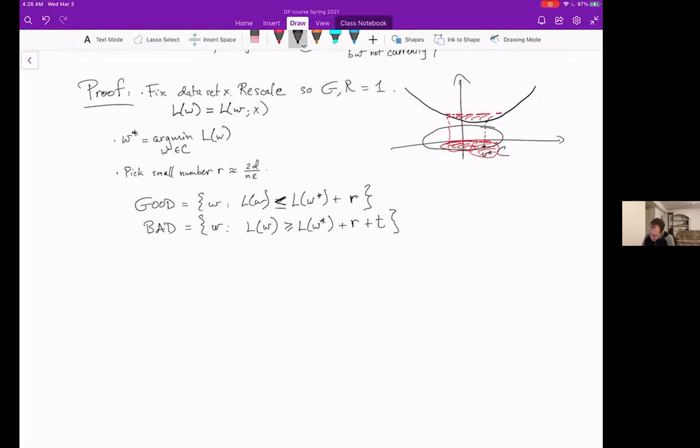Okay, so let's try and understand these sets a bit better. There's the bad set. I don't know too much about this. This could be pretty much everything.